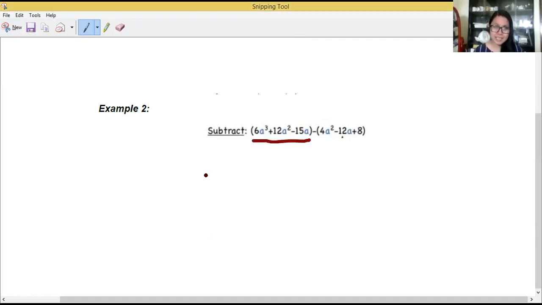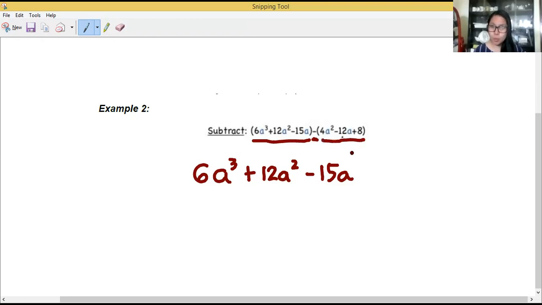So you have 6a cubed plus 12a squared minus 15a. Next, this is the minus sign. So this is our subtrahend. What do we do with the subtrahend? We change the sign.